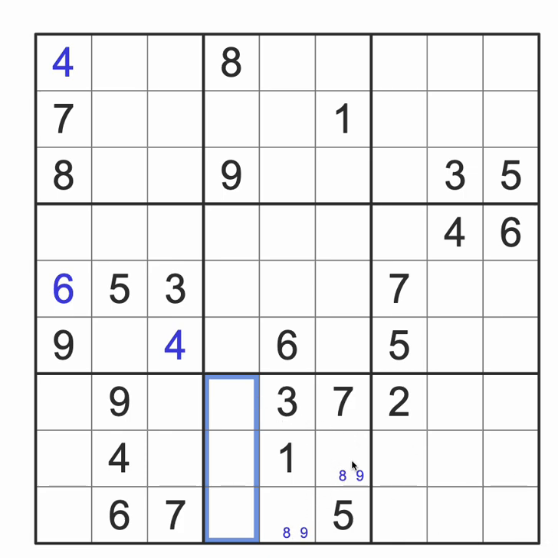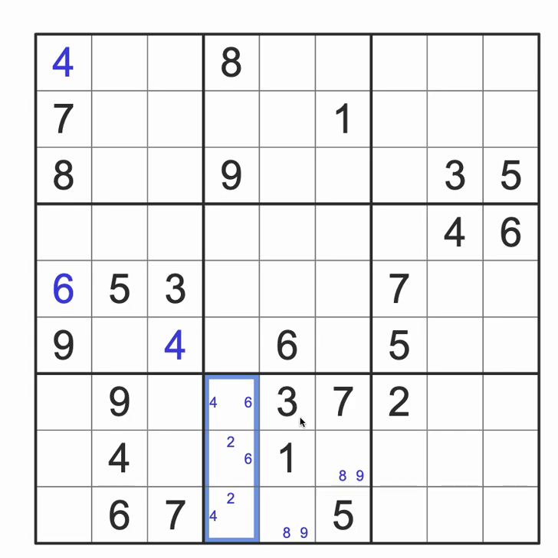8, 9 double here means these 3 cells will use 2, 4, and 6. I guess I should clean this up. 2 cannot be here. 4 here makes this 2 or 6. 6 here makes this 2 or 4. But these are 2, 4, 6 triple.